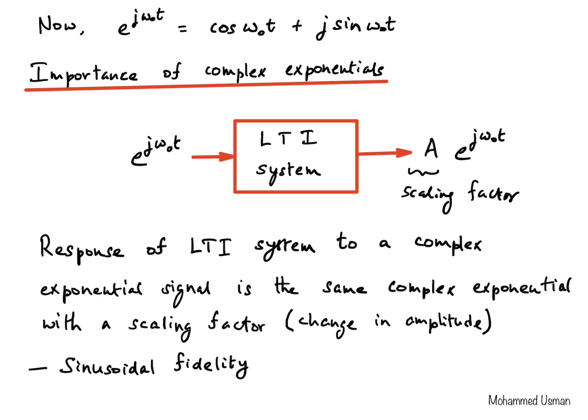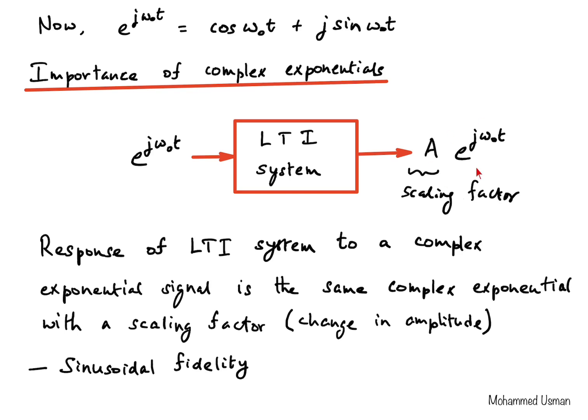That means it makes the analysis easier because the output has the same form as the input except for the scaling factor. So the analysis of LTI systems for signals which can be represented in terms of complex exponentials means that the output also can be represented as a linear combination of complex exponentials.